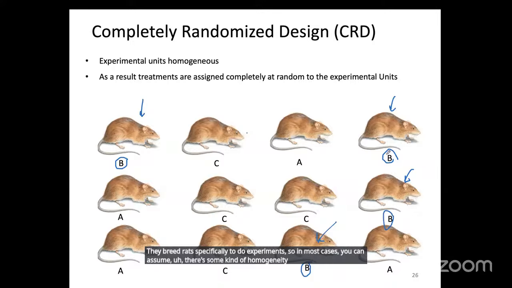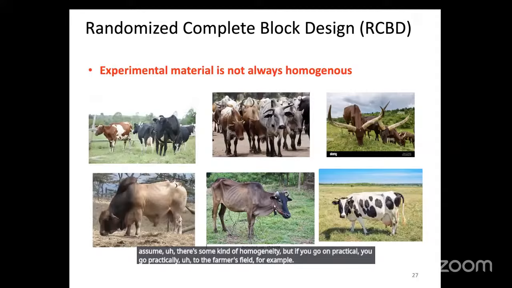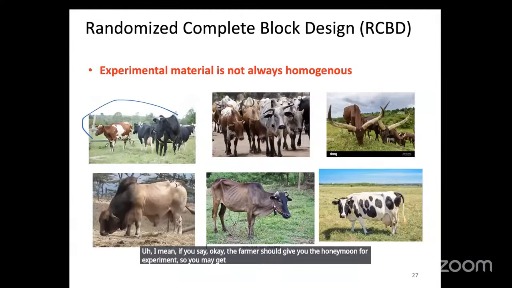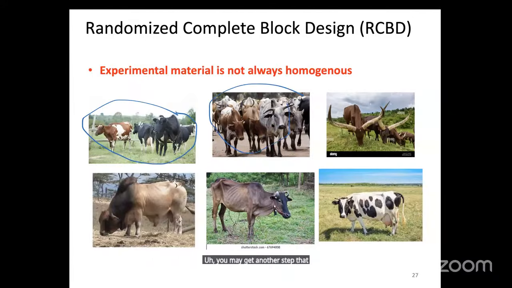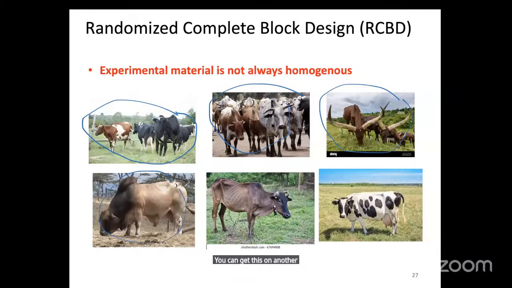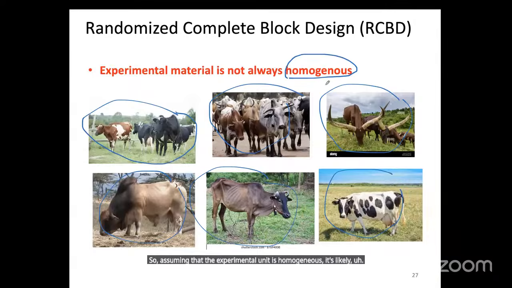But if you go practically to the farmer's field, for example, if you're an animal scientist, and the farmer gives you animals for an experiment, you may get animals that look like this on one farm, another set that looks like this on another farm, and this on another farm, and that on another farm. So assuming that the experimental units are homogeneous is likely not going to be tenable in this particular case.